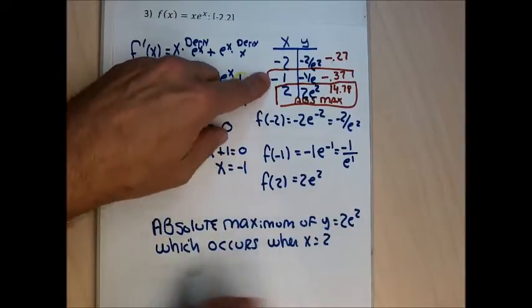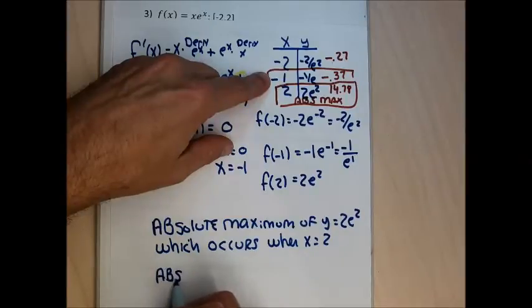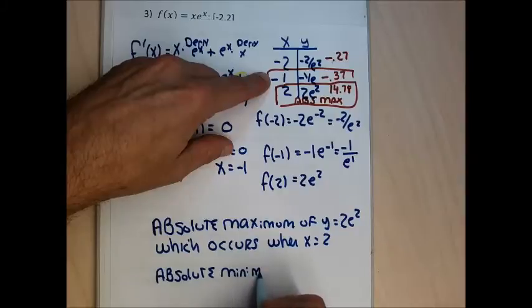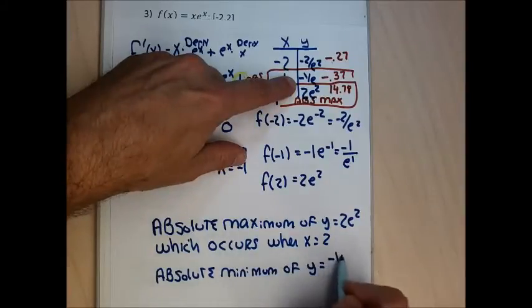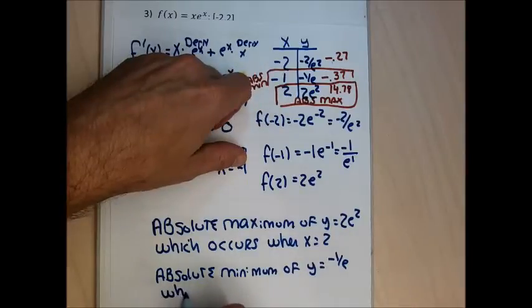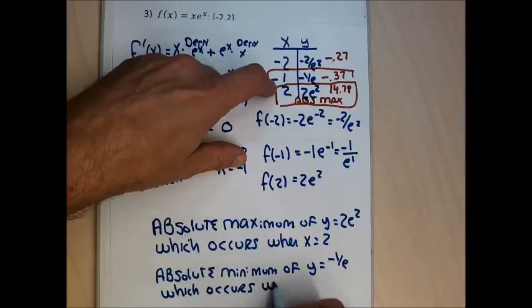And I'm going to say there's an absolute minimum of y equals negative 1 over e, which occurs when x equals negative 1.